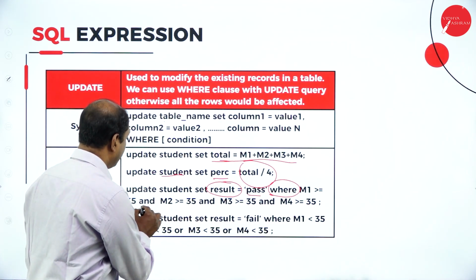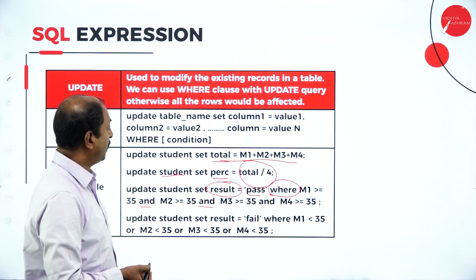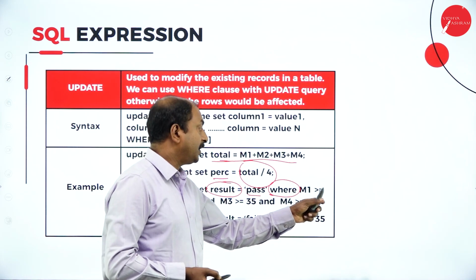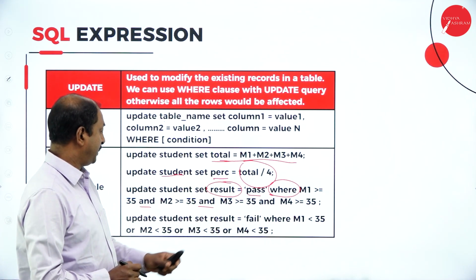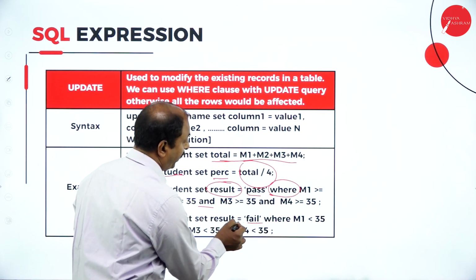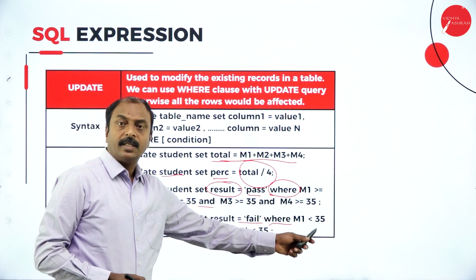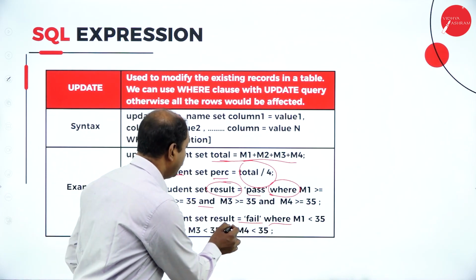And here observe that we are using the AND operator, which is a logical operator. With the help of this, the result of this expression is stored in the column result. Similarly, update student, set result equal to fail, where the condition holds. Based on this condition, the result of the expression is stored in the field result.